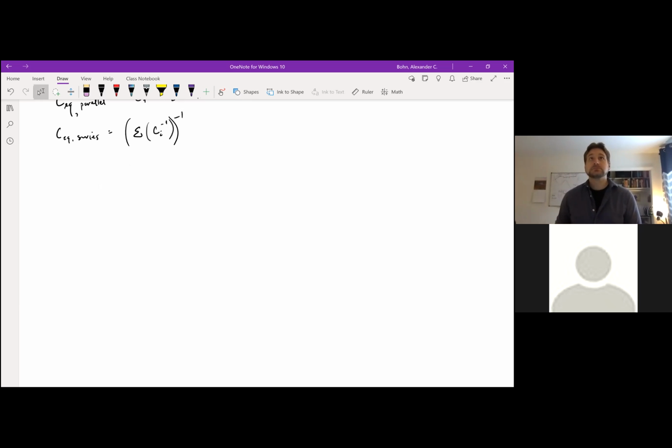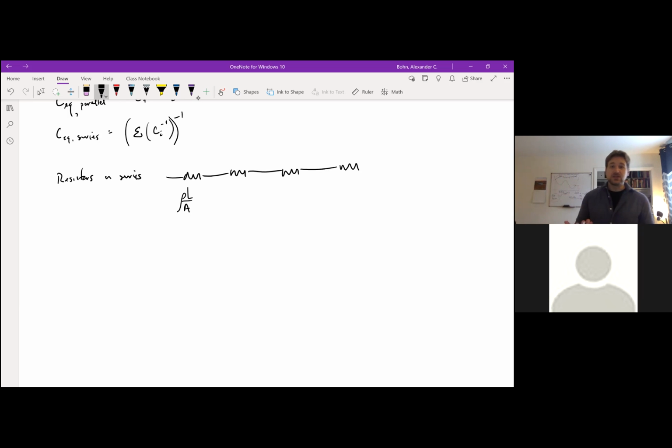Well, resistors in series can almost be thought of like one long resistor, right? I mean, this one has some resistance according to rho L over A. Adding the extra resistor, let's assume that it's the same geometry, just to conceptualize, we're just adding another length.